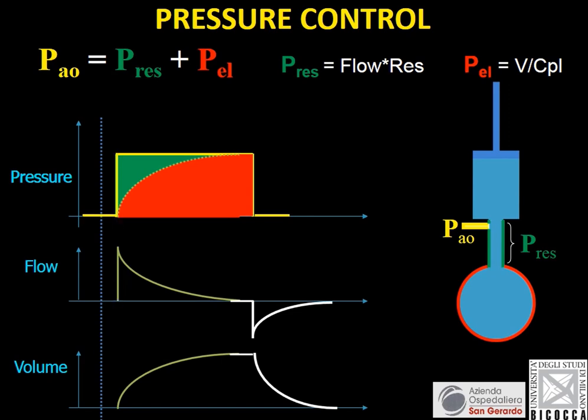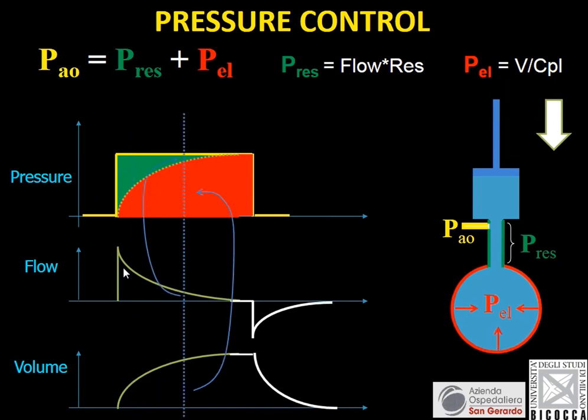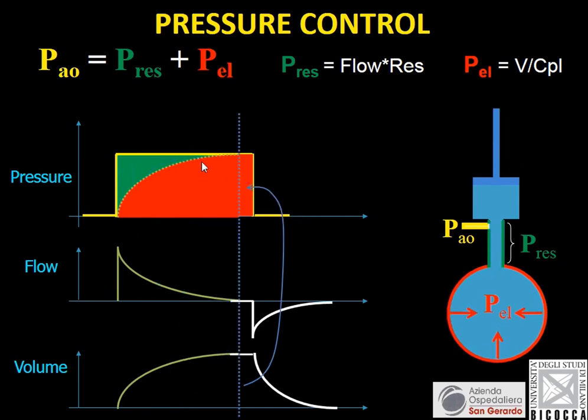This flow will make the alveoli expand, and so the pressure in the alveoli will increase a little bit, and the gradient between the airway and the alveoli is reduced, and so the inspiratory flow decreases and decreases because the alveolus is expanding, and so this gradient between the alveolus and the airway is decreasing.